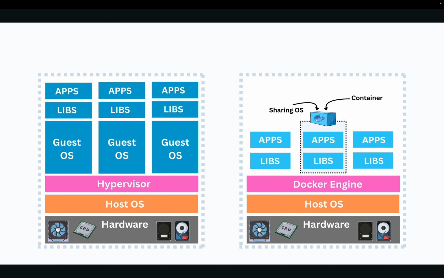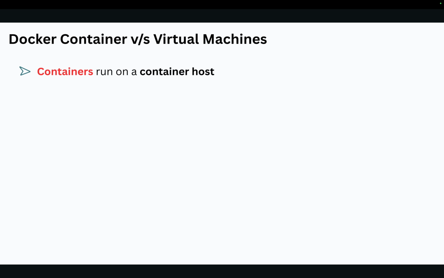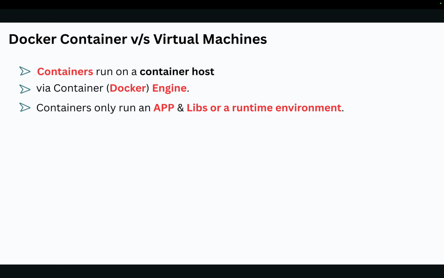Let's finish up by stepping through some of the main summary points that you'll need to understand. First, containers run on a container host. This is the physical hardware, and they run via a container engine. In the case of Docker, this is called Docker Engine. A container only contains an application, its libraries, and any runtime environments required.